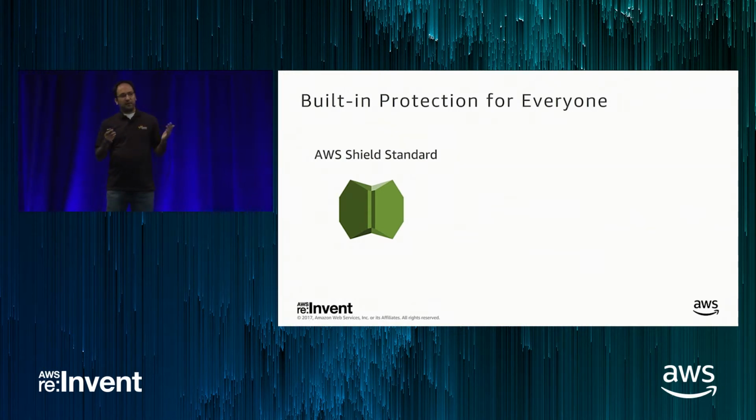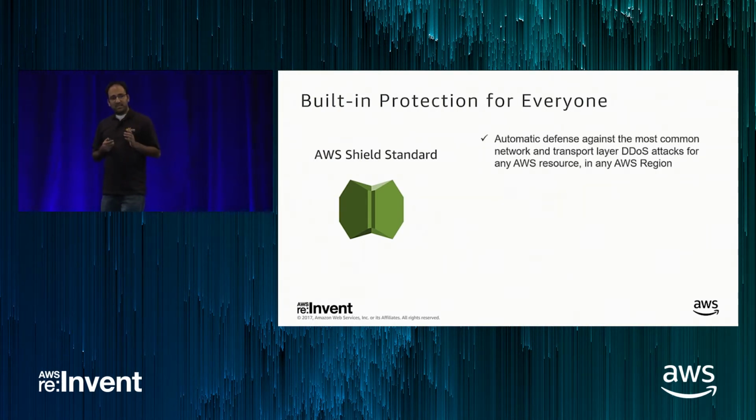Some of you might be aware of AWS Shield, and Shield Standard is a service that provides DDoS protection automatically for all AWS customers when you have your applications on AWS. Shield Standard specifically provides automatic defense against some of the most common layer 3 and 4 attacks, or transport attacks.